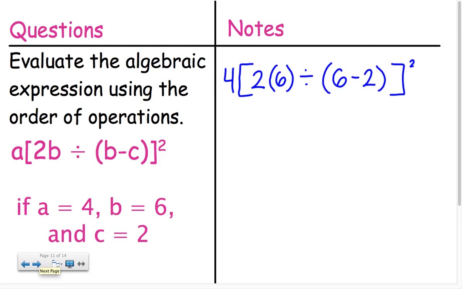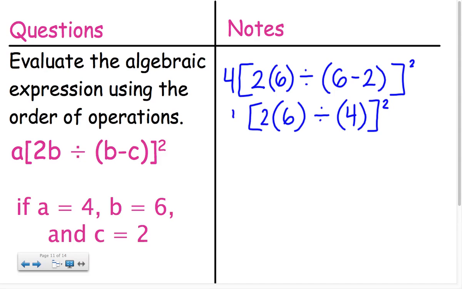Now, you will see that we have our brackets and we also have parentheses within the brackets. When we're doing PEMDAS, we always go to the innermost parentheses. So that would be the 6 minus 2, which will give us 4. And then I'm going to copy down the rest of the problem. Alright, now in my parentheses it looks like I have the multiplying of 2 times 6 and then the dividing by 4.